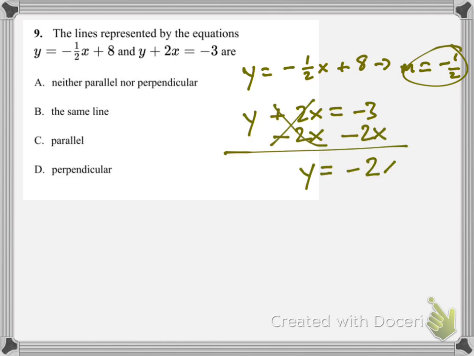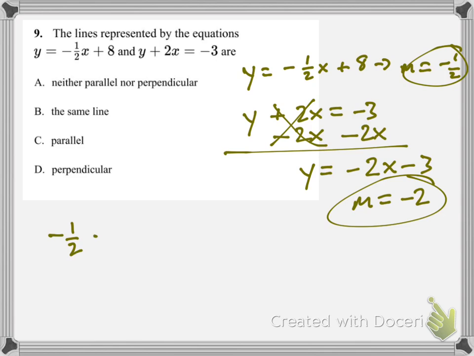So y equals negative 2x minus 3. Our slope is negative... Oh, this is the same as the last problem. Again, negative 1/2 and negative 2. Well, negative 1/2 times negative 2 is positive 1. You need negative 1.